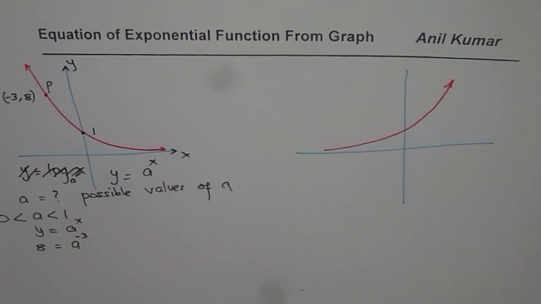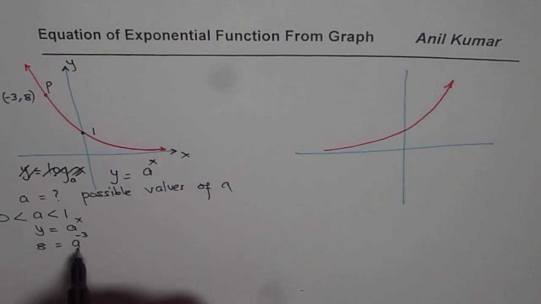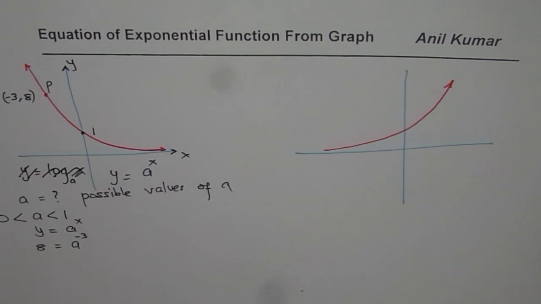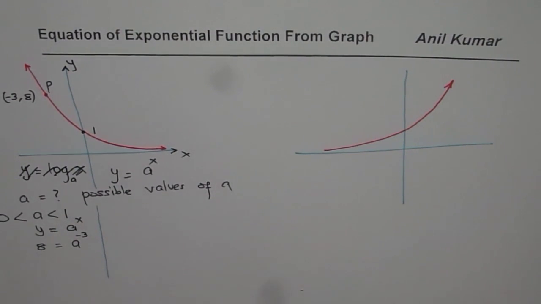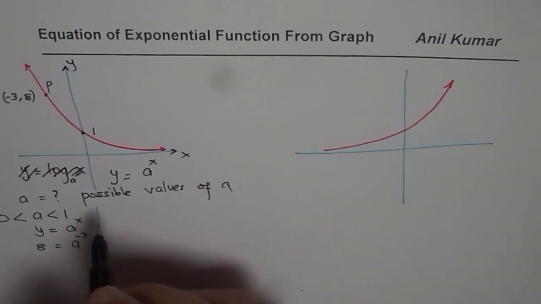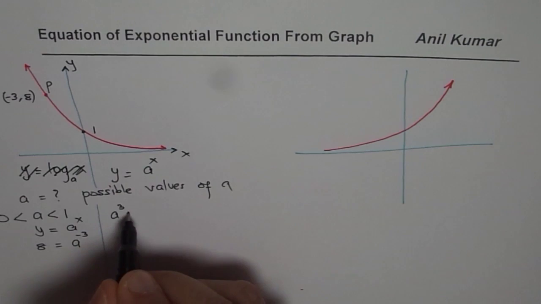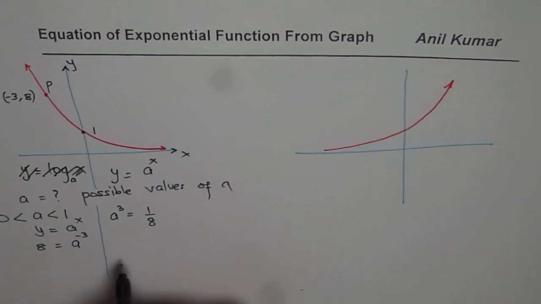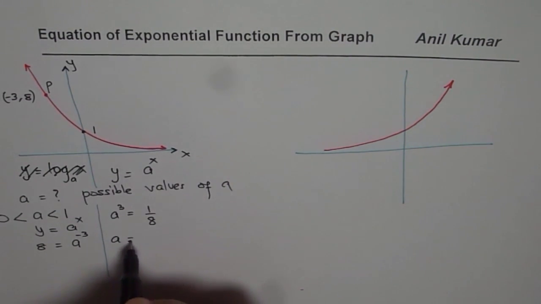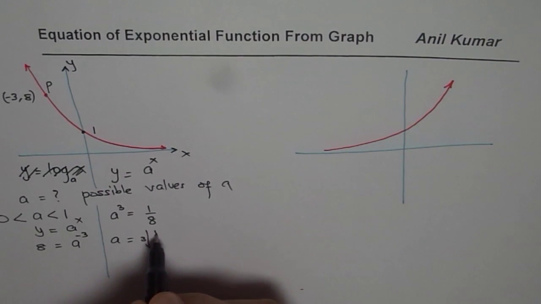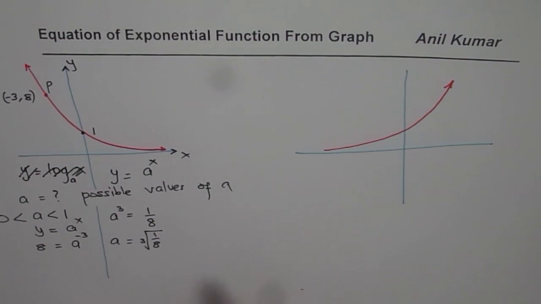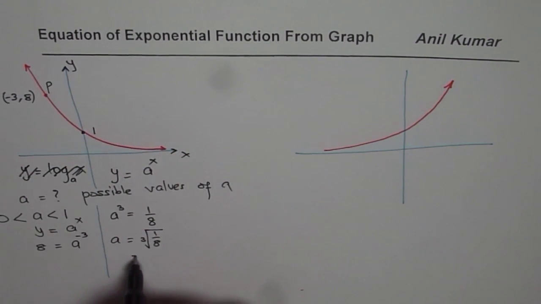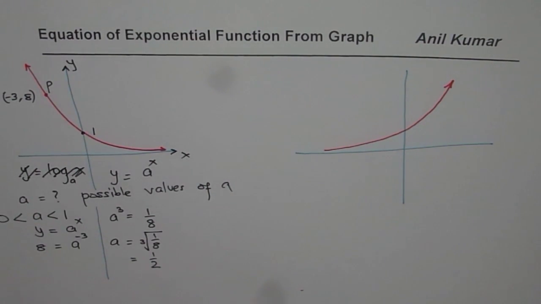So that is the equation we need to solve. Correct? So we could write this as a cubed equals 1 over 8, right? Or a equals the cube root of 1 over 8, and that clearly equals 1 over 2, correct? So the cube root of 1 over 8.